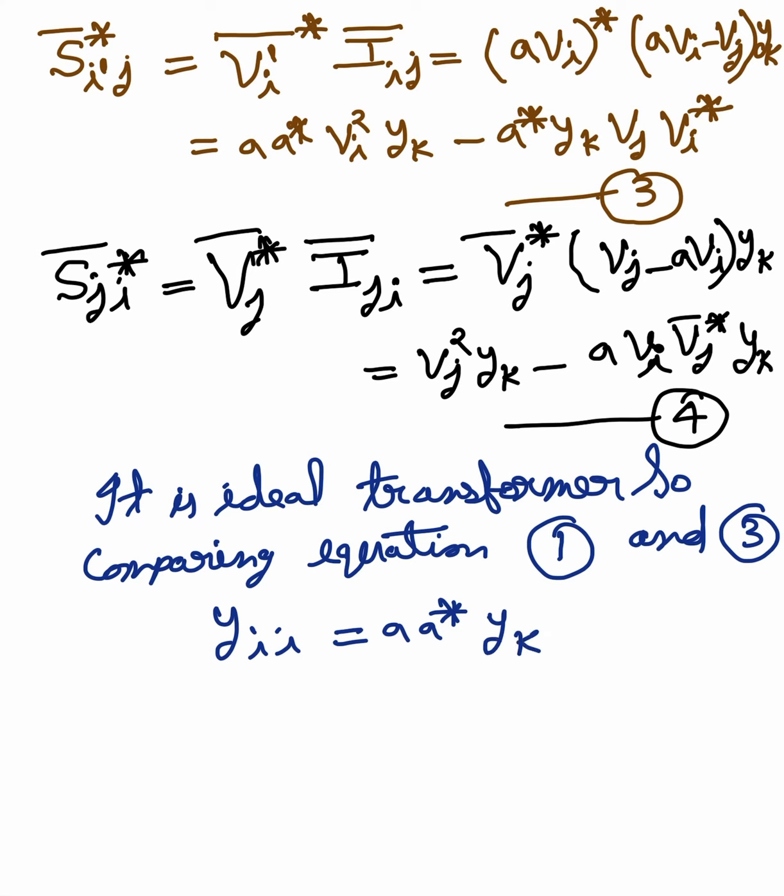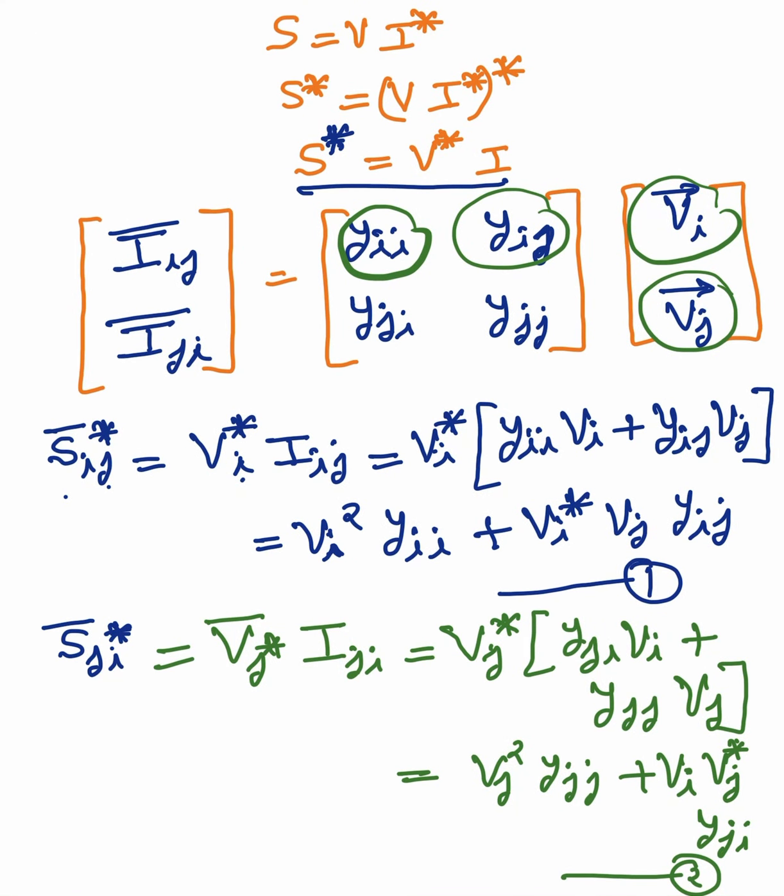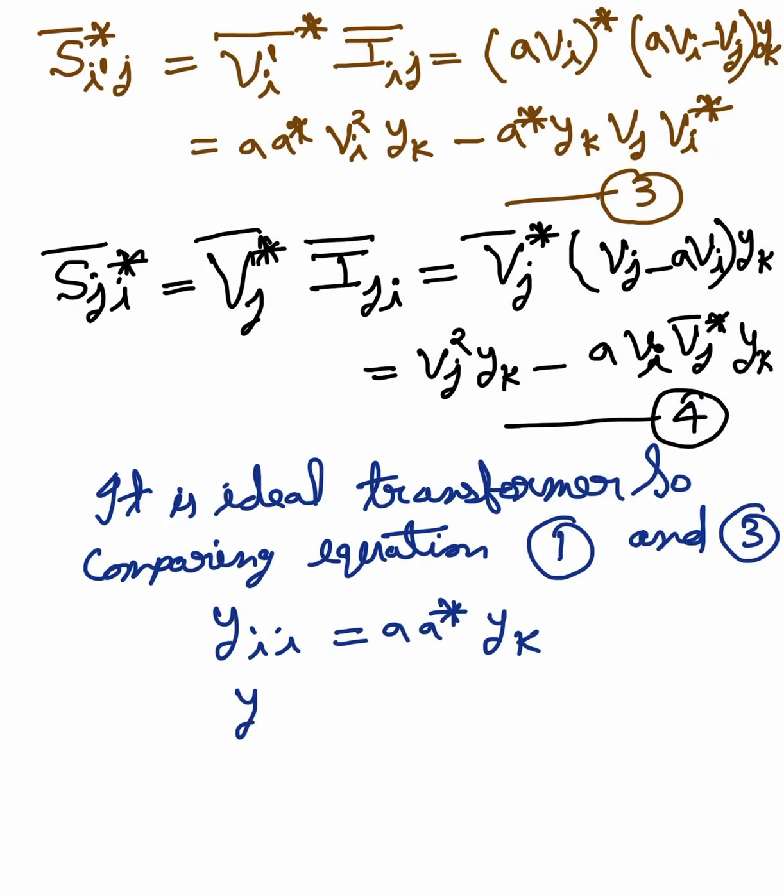Okay, and the next term is Yij, that is Vi conjugate into Vj. Okay, so here the value is that Yij is equal to minus a conjugate into Yk. Okay, so 1 and 3 are compared.